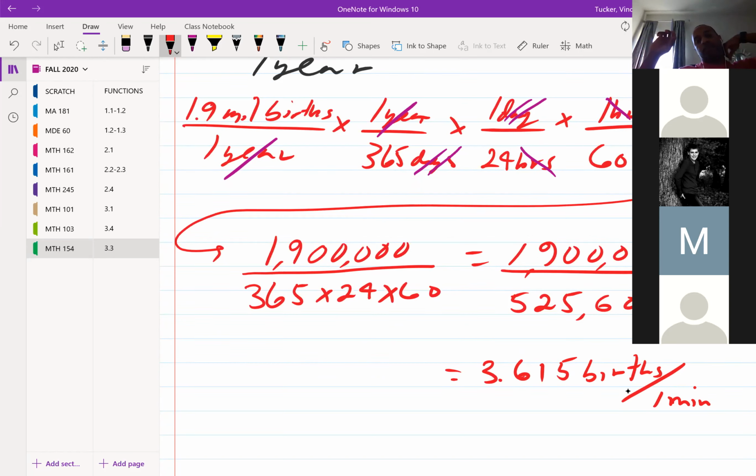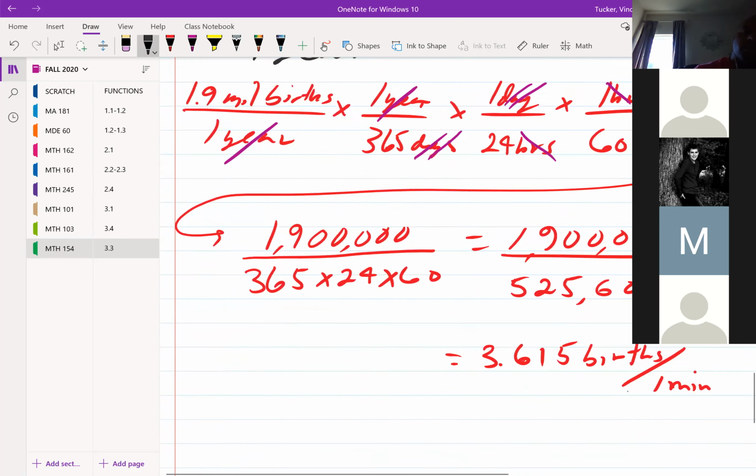All right, and of course they'll let you know how many decimal places they want from you. So 3.615 births per minute. Okay. All right, questions? I think this was number 3, right? Yep. Let's look at the 4th one.